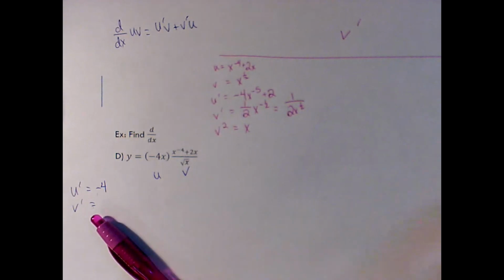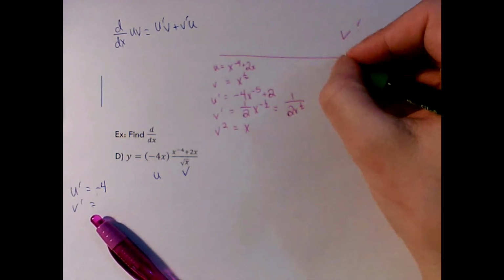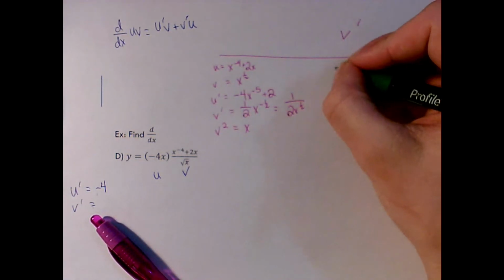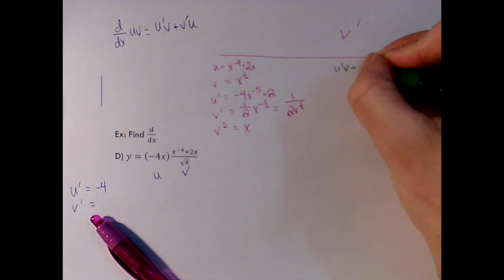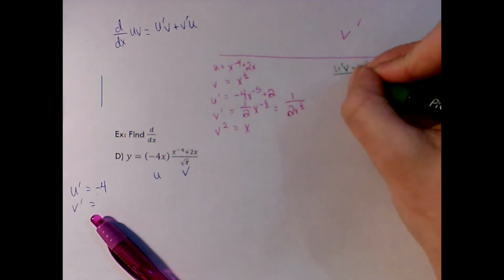So just a reminder, quotient rule is u prime v minus v prime u over v squared.